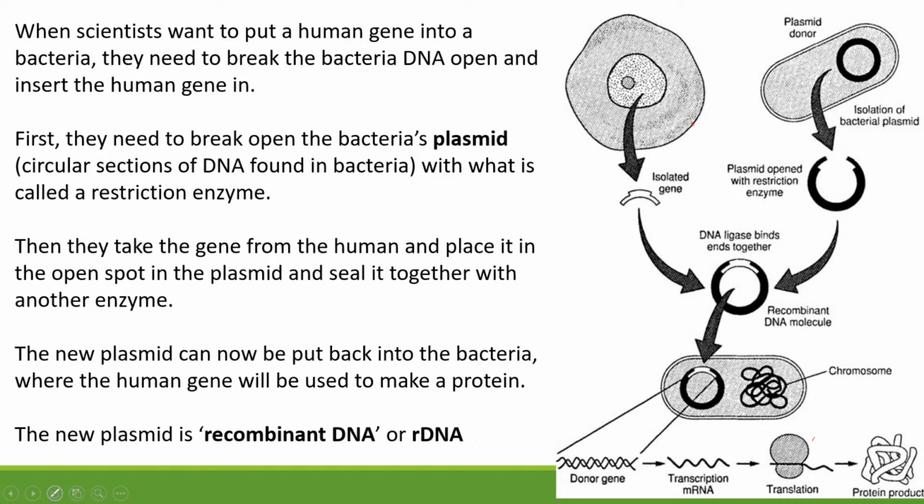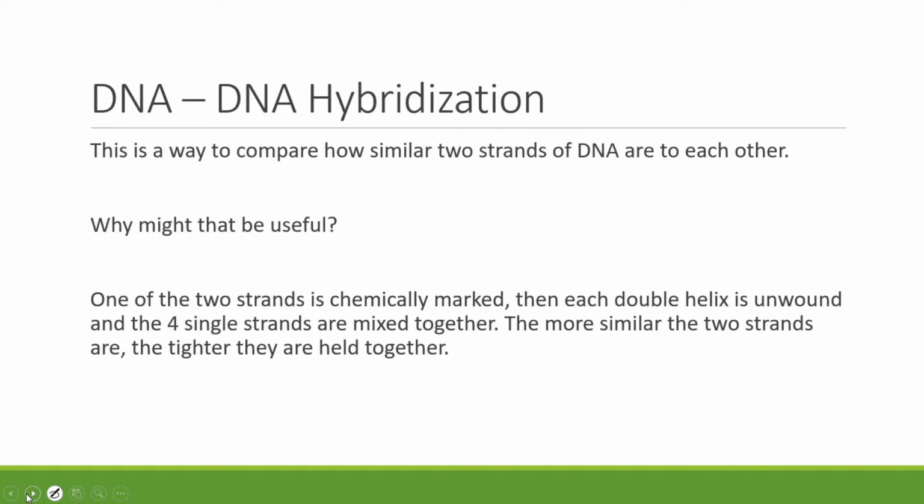Another piece of biotechnology that we use is DNA hybridization. This is a technique that lets us compare two different strands of DNA. It lets us see how similar they are. And the way that this ends up being useful is for a lot of CSI and forensic tests.